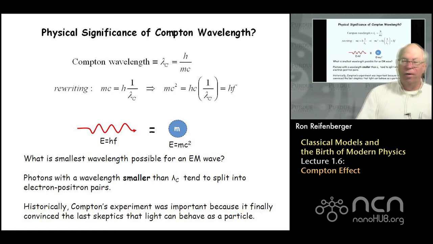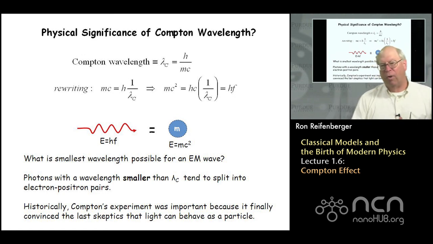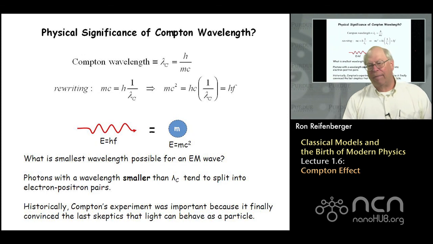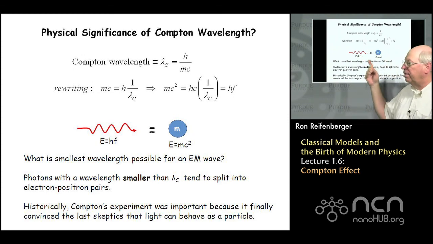So, is there a physical significance for this Compton wavelength? It's a number that keeps cropping up, and we'll see it later on in the semester when we discuss the energy levels for, let's say, a hydrogen atom. The physical significance is that just by manipulating Compton's formula, you can show that 1 over the Compton wavelength is equal to mc squared with a proportionality constant given by Planck's constant times the speed of light.